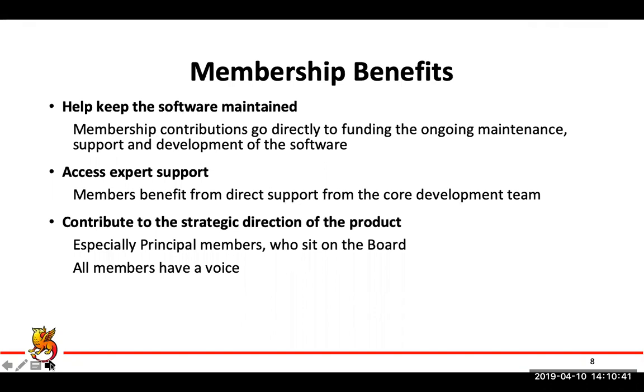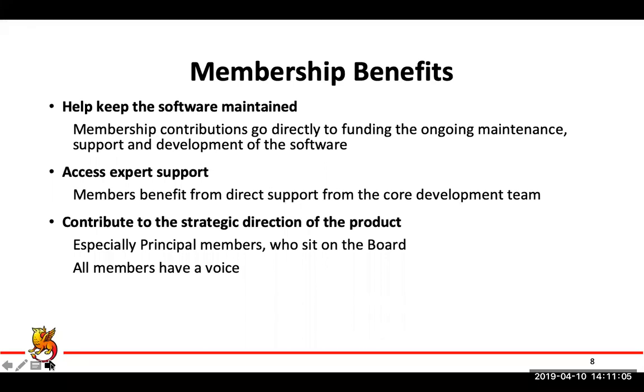Anyone who joins as a principal member, and there is a higher cost associated with that, gets a direct seat on the consortium board. The board meets once a month to discuss the direction. But every single member of the consortium has a voice. There are 2 board members who are representatives of the membership at large, and they can always be contacted.